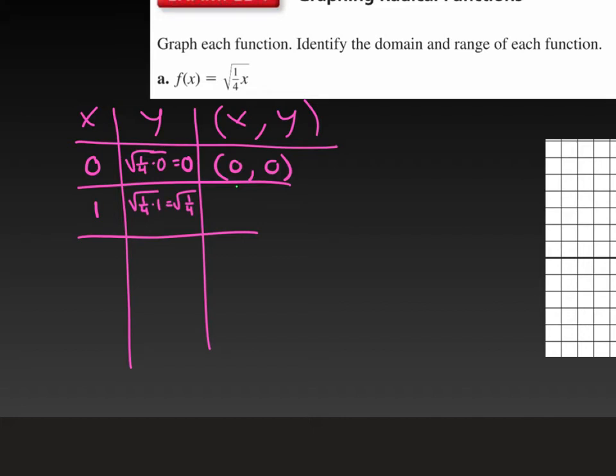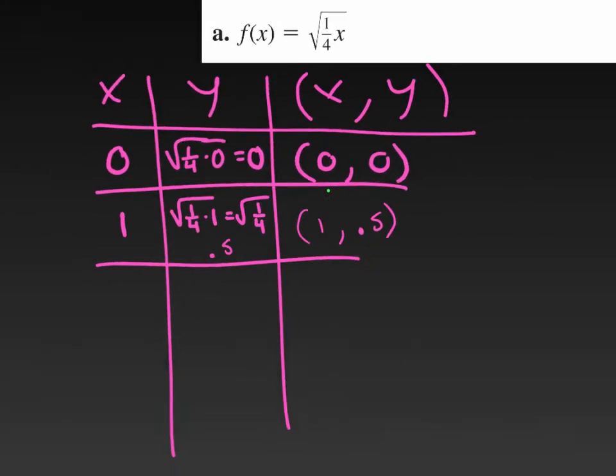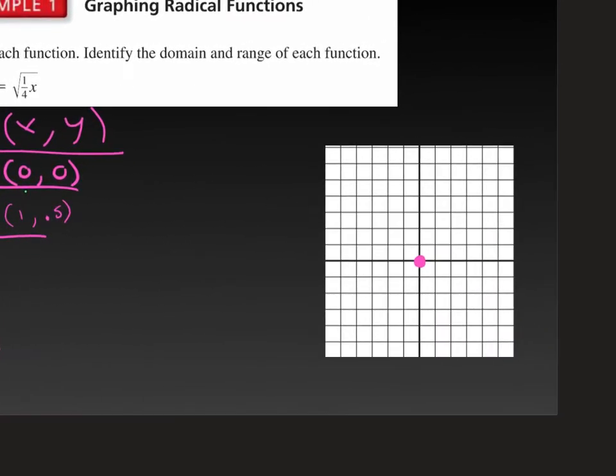In your calculator. 0.5. So when we plug in 1, we get 0.5. So let's go to our graph, go to the right one, go up 0.5.